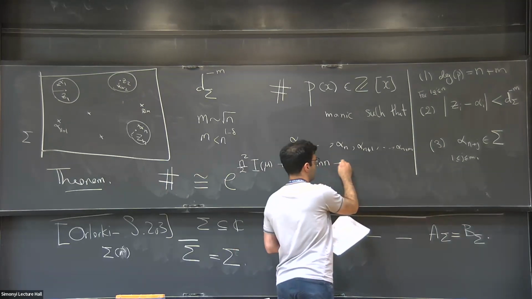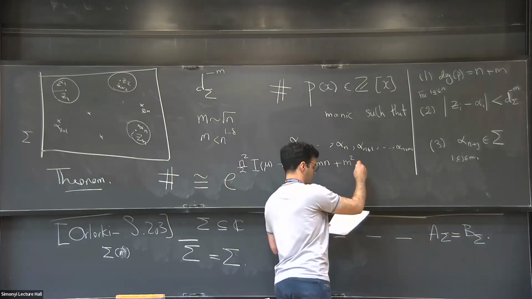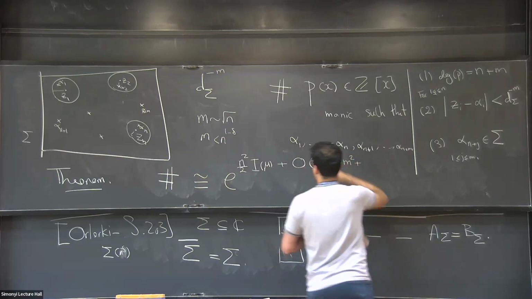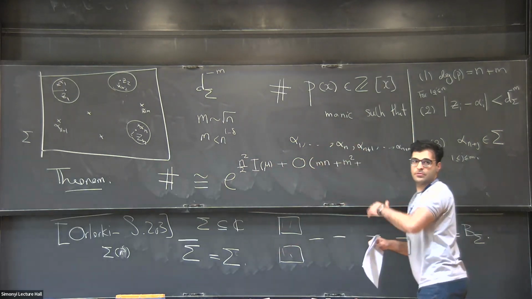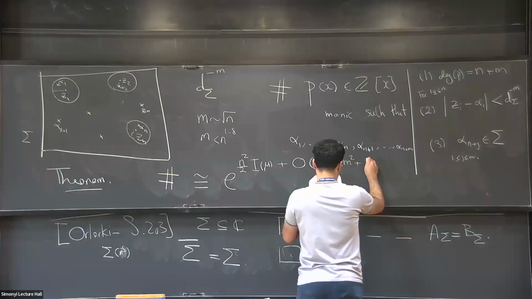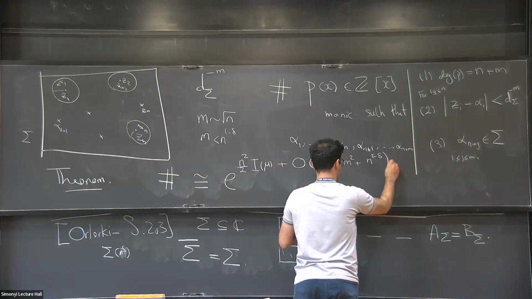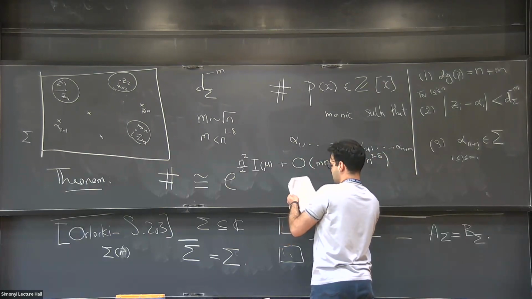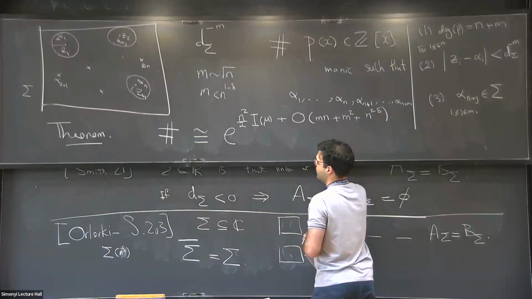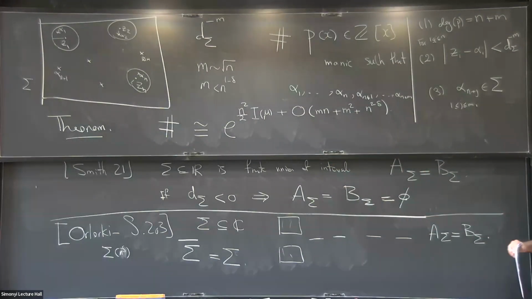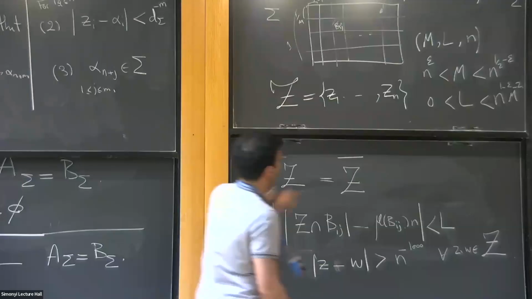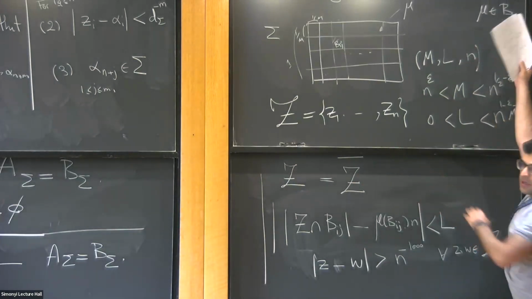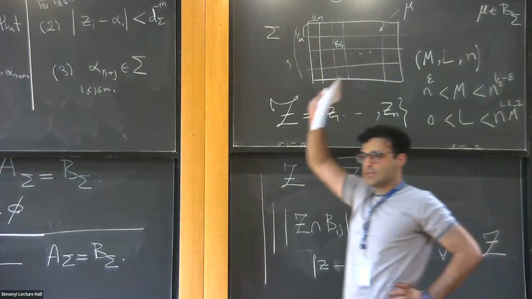It's going to be a power saving error term. But of course it depends on n, because you can't allow m to get close to n, because that's going to change the number. So that's the main theorem about counting integral polynomials. And of course, the Smyth condition comes in somewhere. I already assumed that sigma belongs to B sigma. Yeah, so that's the theorem.